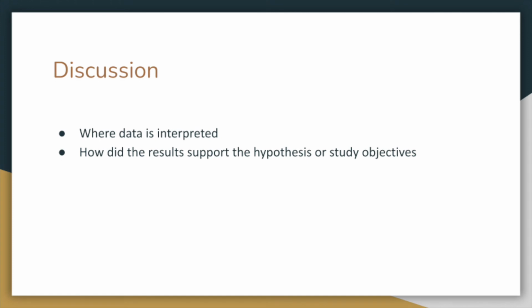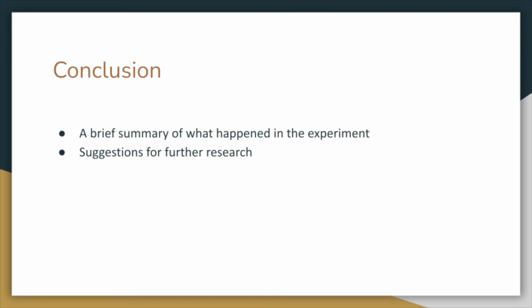The discussion section is where the data is interpreted. It also includes how the results support the hypothesis or study objectives. The conclusion has a brief summary of what happened in the experiment and suggestions for further research.